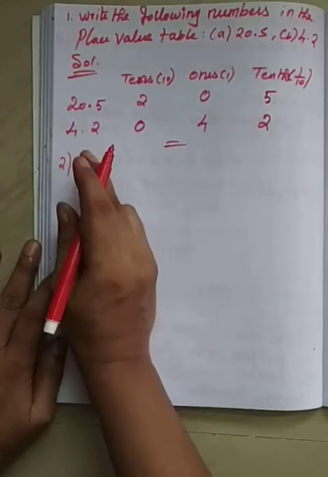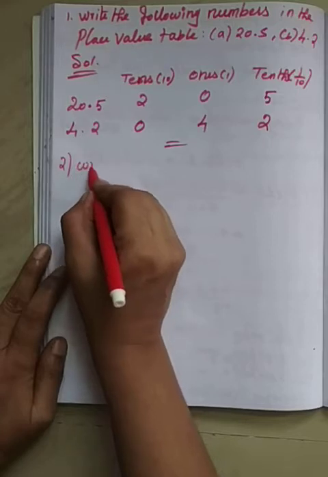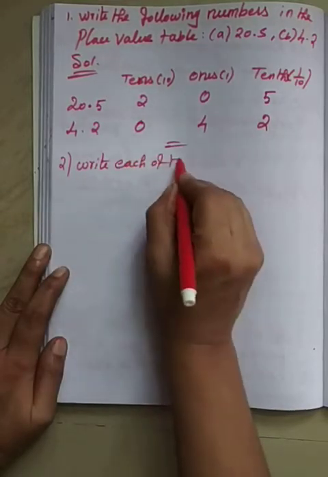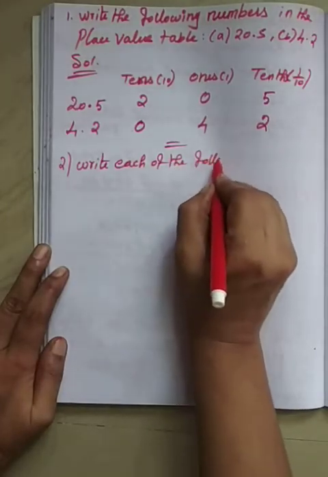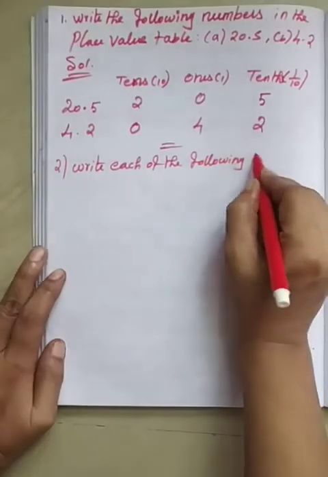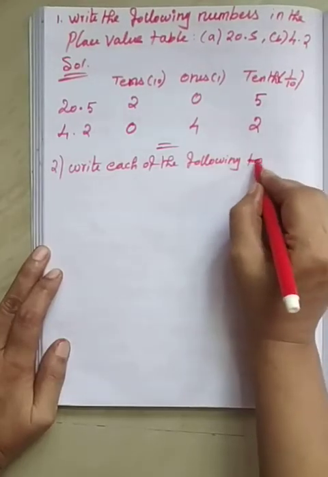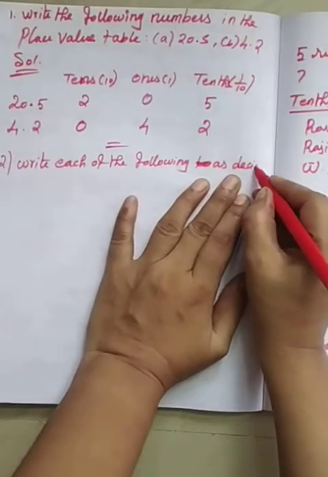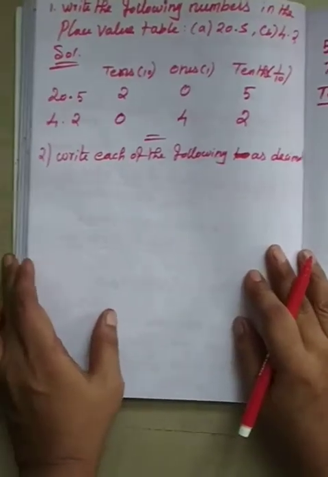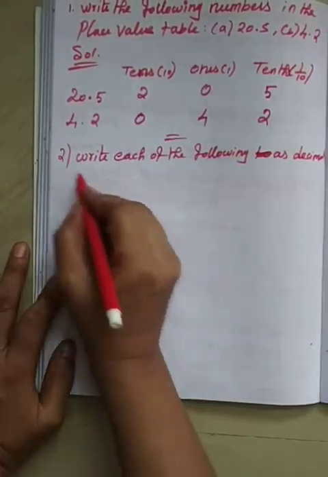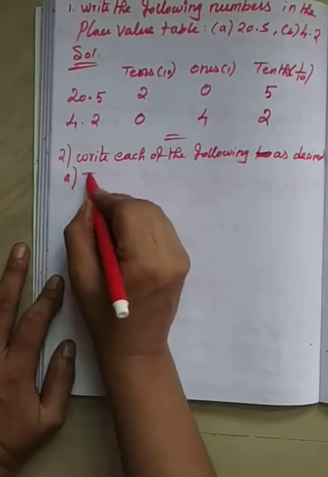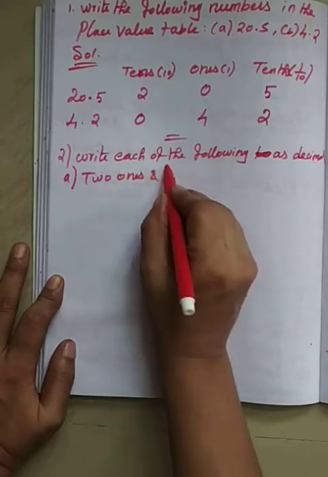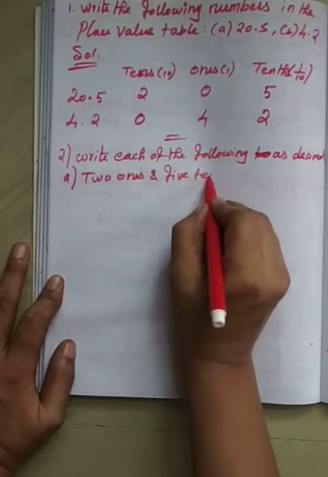Now we have to see example 2. Write each of the following as decimal. The first one, 2 ones and 5 tenths.